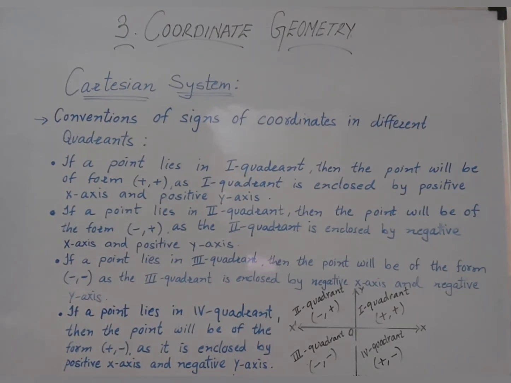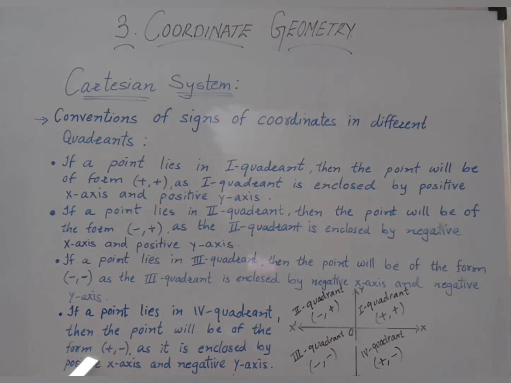That is, abscissa will be a negative number and ordinate will also be a negative number. Why? Because in the third quadrant the x-axis has negative numbers and y-axis also has negative numbers.